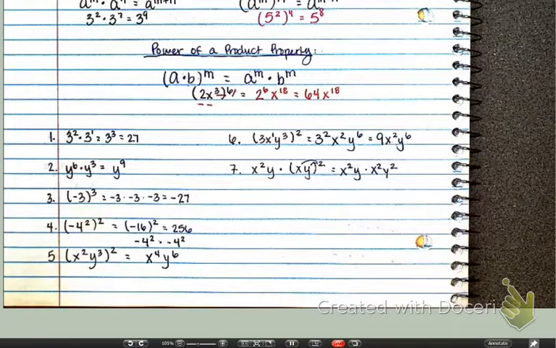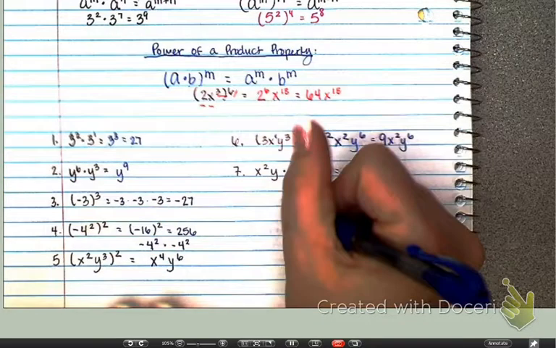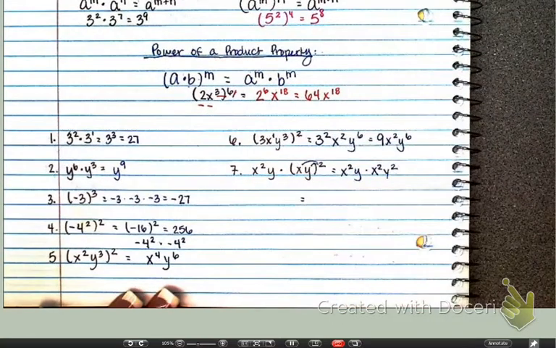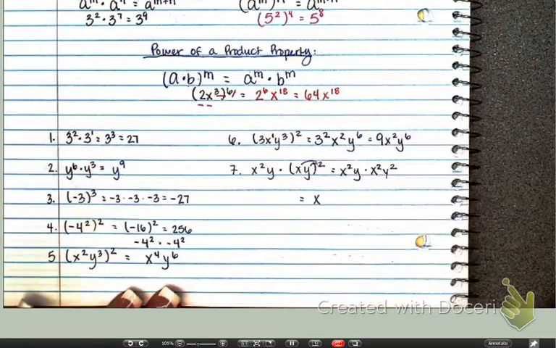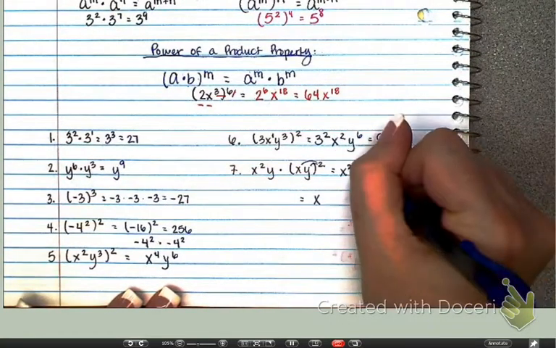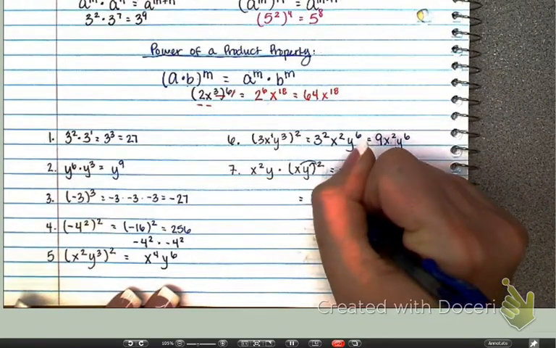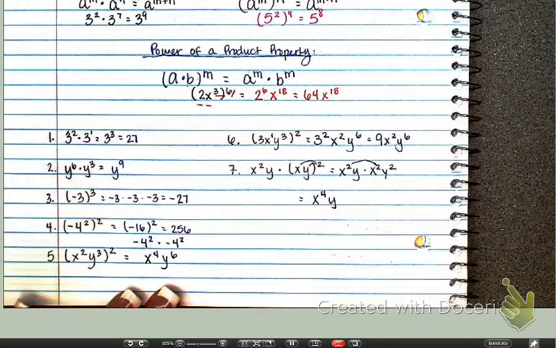Now can I simplify anything else? You can combine the x's and you can combine the y's. And what am I going to do with those exponents? How do I combine them? You add them together. So you should end up with x to the 4th, y to the 3rd. Good.